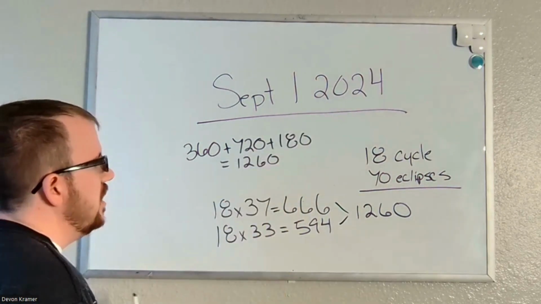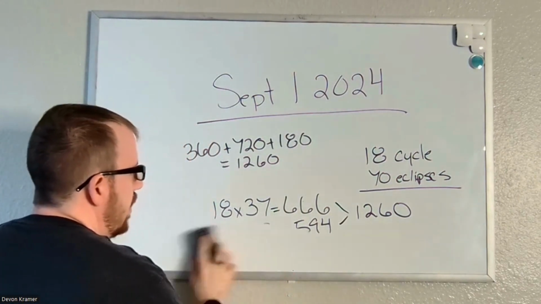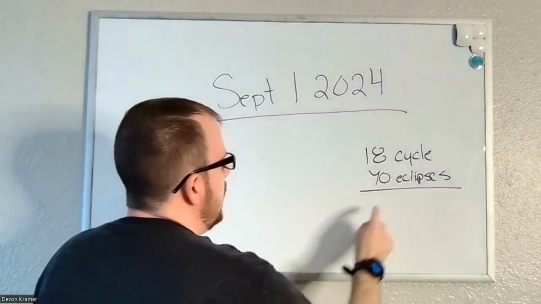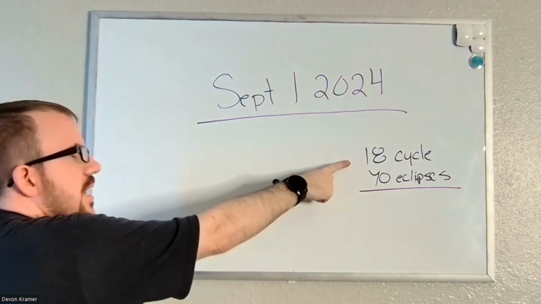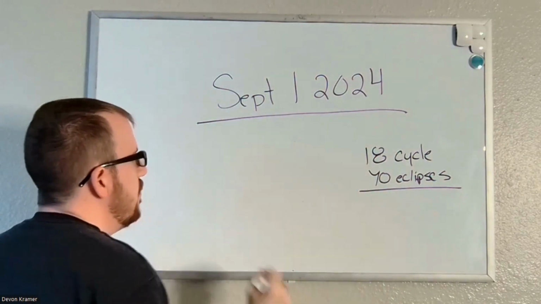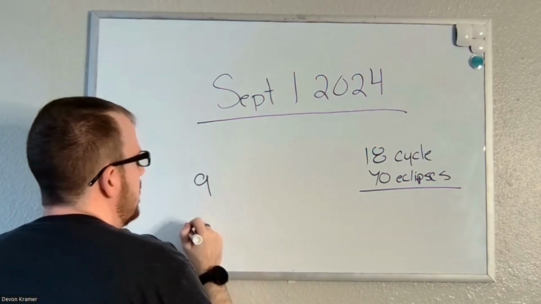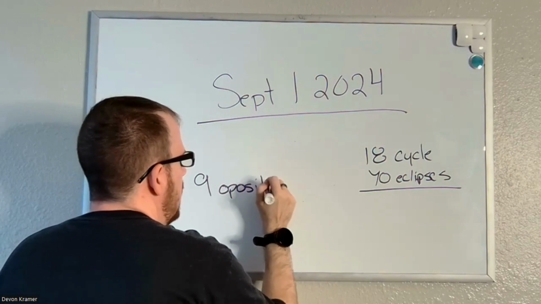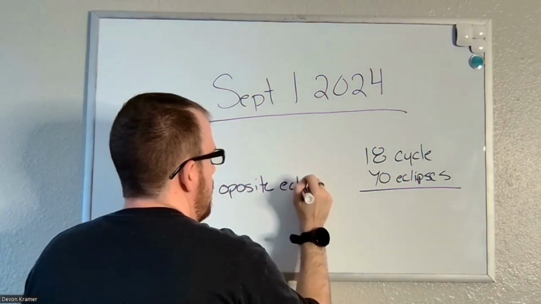When you go and look in Revelation, you're going to see a woman who watches the time for 1260. Now, before I show you the big reveal of this, I want you to understand that the reason that we focused on this was because every 18 years is a cycle. Every 9 years, once you understand this cycle, it's going to be an opposite eclipse.